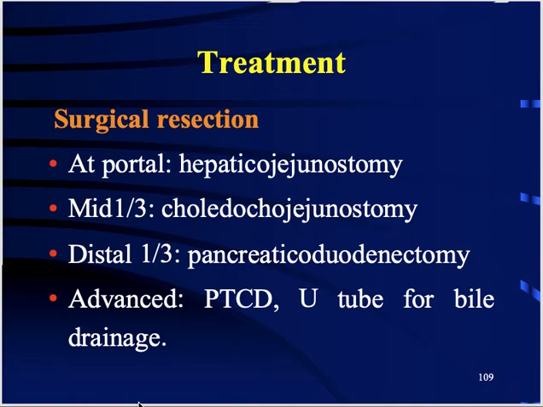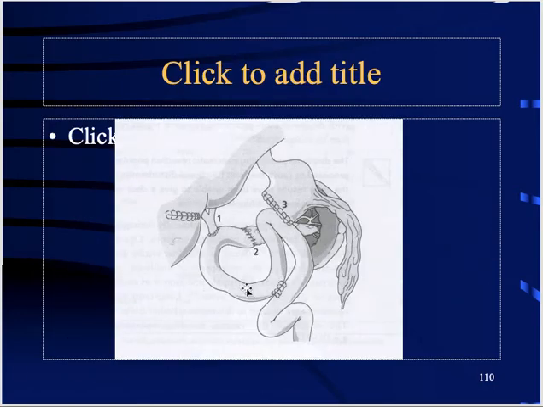And after that, of course, they have to reconstruct that area. And for reconstruction, okay, see, whenever the cancer is in the distal one, whenever the cancer is in the middle one, choledocholithiasis can be done, or pancreatoduodenectomy can be done. So simply whenever there is a patient, they resect that area, then they have to reconstruct that area.